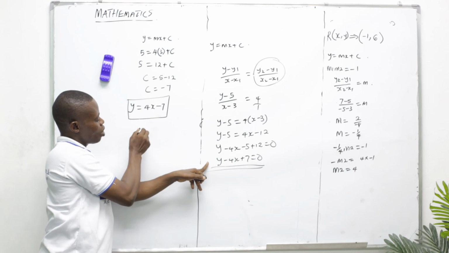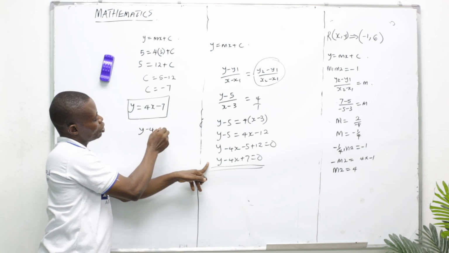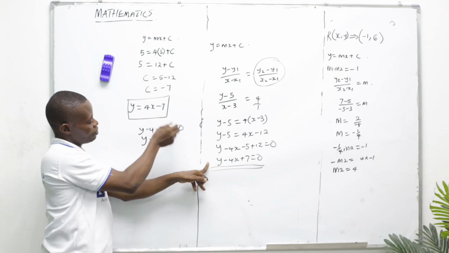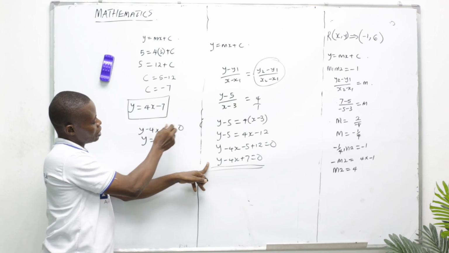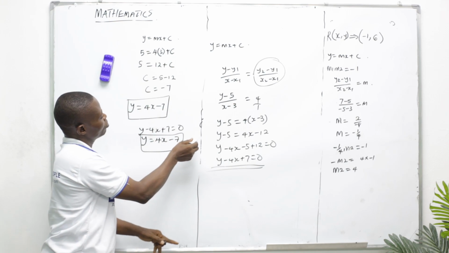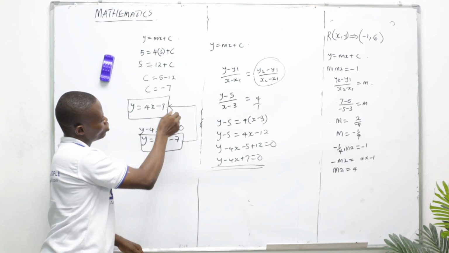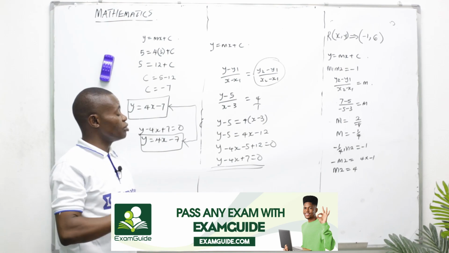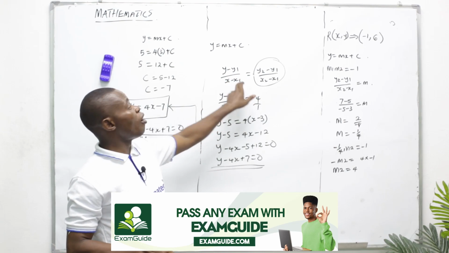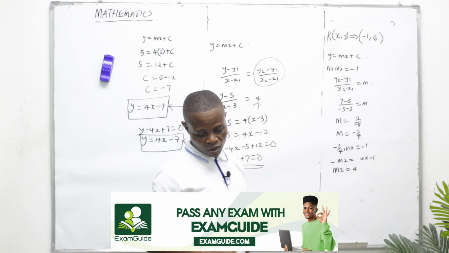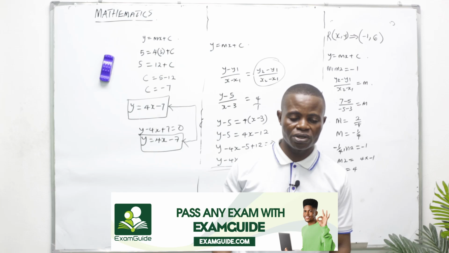Let me show you. y minus 4x plus 7 equals 0. I mean, now y equals 4x, if I transfer 4x, I transfer 7, minus 7. Now, are they the same? Yes. Two of them are the same. Therefore, you can use this formula or this formula. Write the solution to this question.